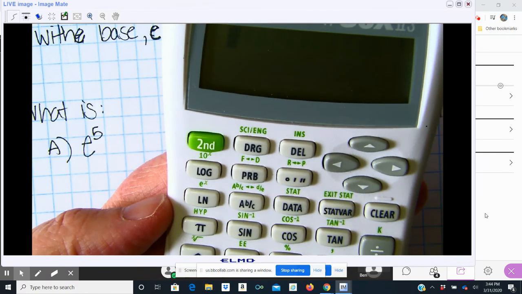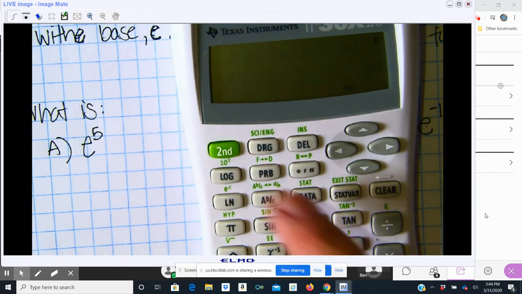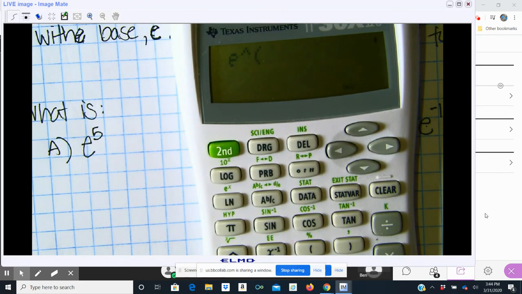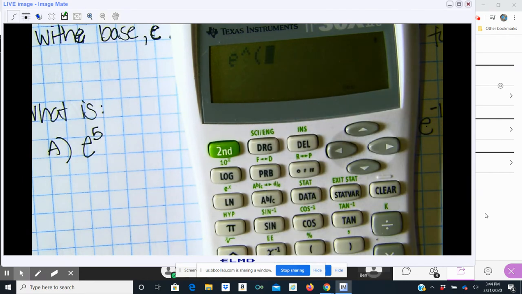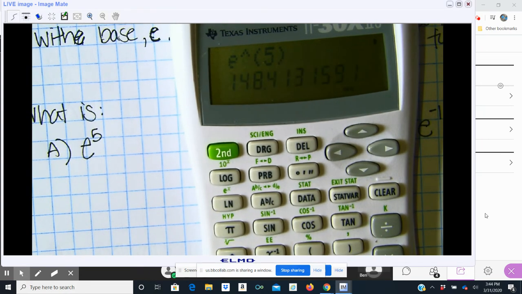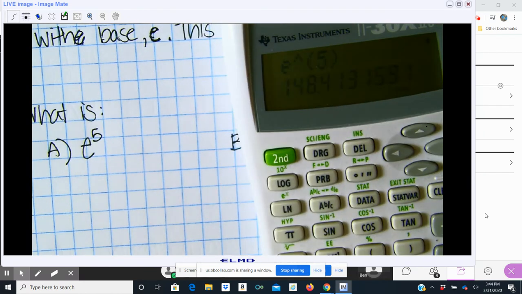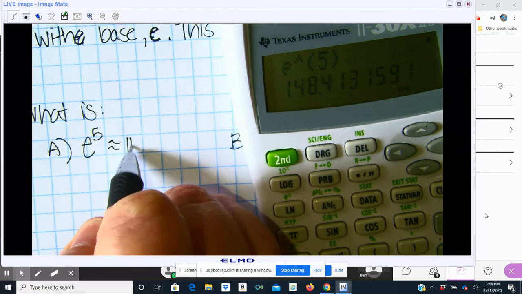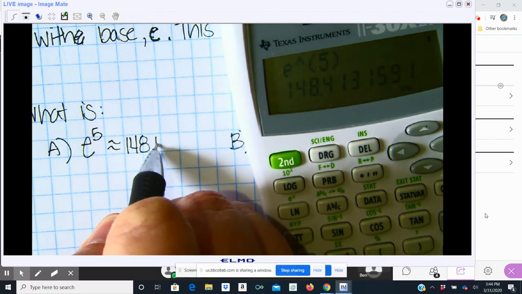So if I have to find e to the fifth power, I'm going to shift so I get an e to the, and you see it opens up the exponent. I'm going to type in a 5, and it's going to give me what e to the fifth is, and this is approximately 148.413.